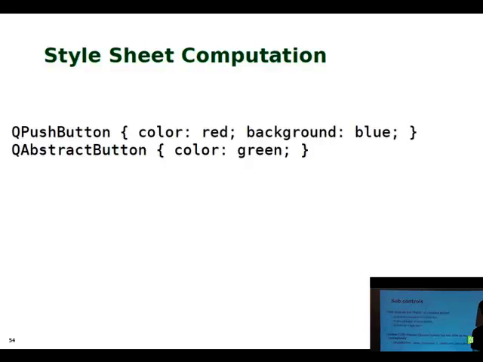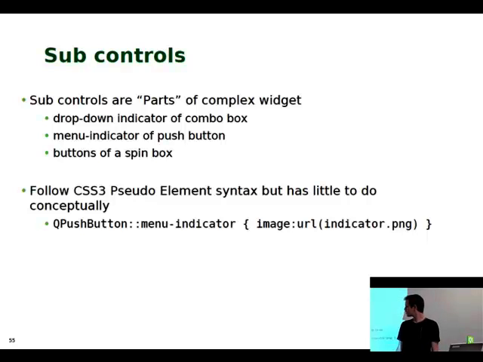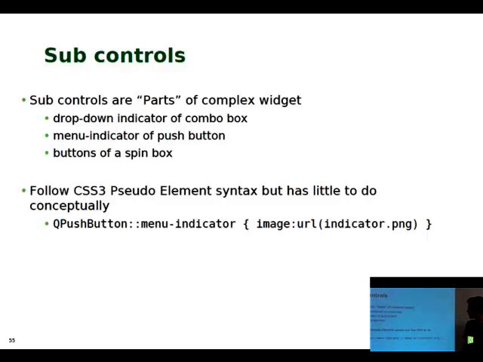So the subcontrols, those are parts of the complex widget. If you take a QComboBox, it has like an arrow, you can click on it, that's a subcontrol. The menu indicator is a subcontrol. So here we can change the appearance of a menu indicator by specifying an image.